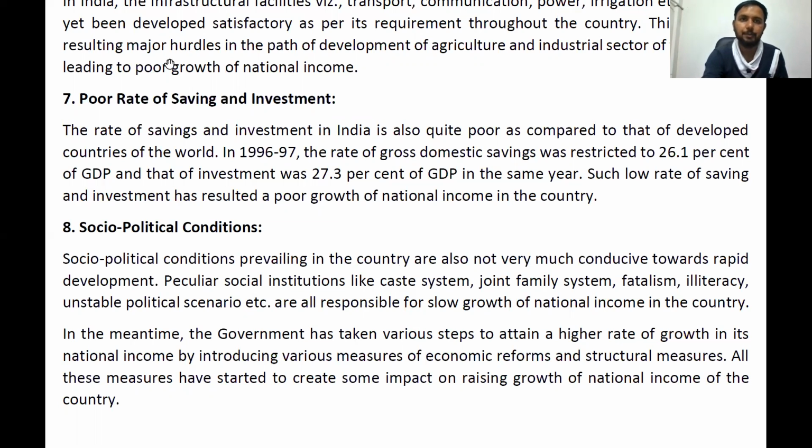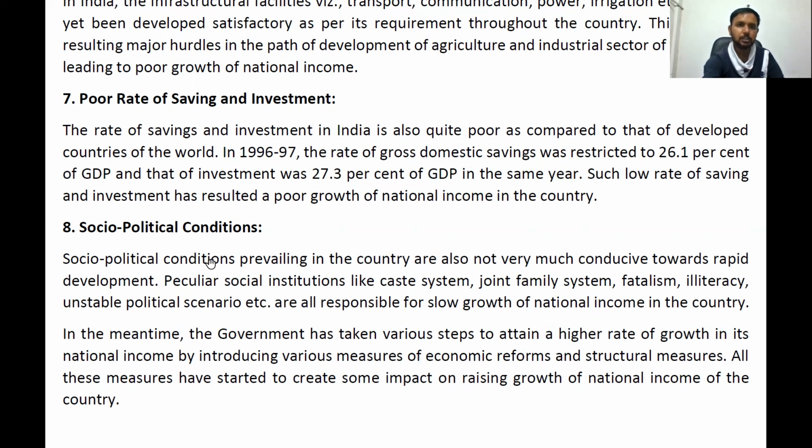So in a country like India, people generally believe in saving their money. They are not much ready for investment, and they do not want to take risk at a higher level. So whatever saving has been done is not invested properly, and also we have a low rate of saving and a low rate of investment.